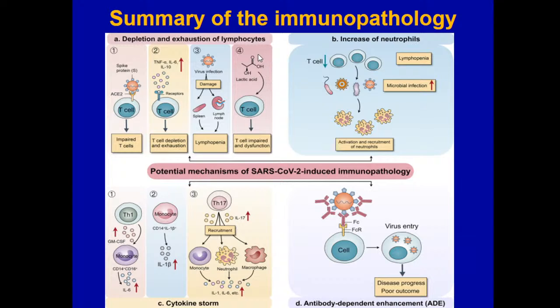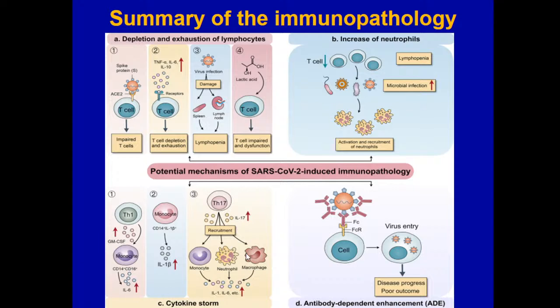The poor prognosis of the disease has a direct correlation with the depletion of the lymphocytes. Then the increase of neutrophil share in the blood, and they are very good at NET formation, neutrophil extracellular traps formation, and release of harmful interleukins.